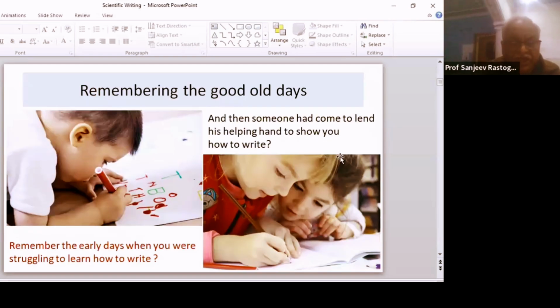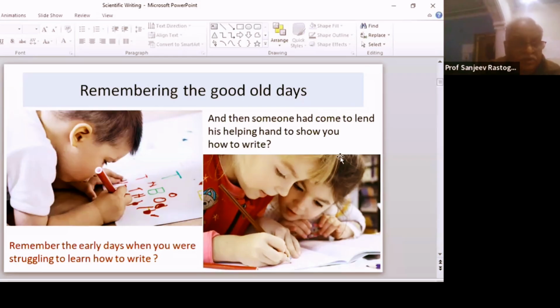With this, I wish to remind you of the good old days when you started writing. When you were very young, you might remember how you started learning to write over the paper. Somebody might have told you how to write. It was not on your own; somebody elder in the family, or somebody in the school, might have given you tips on how to start writing.